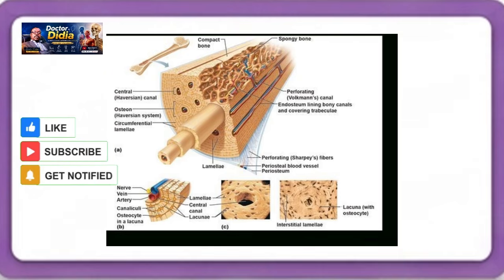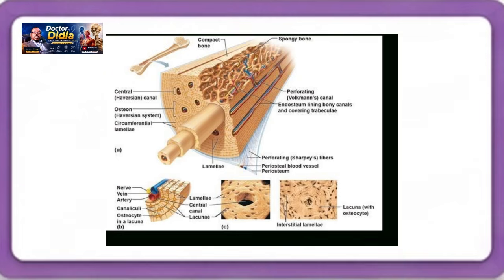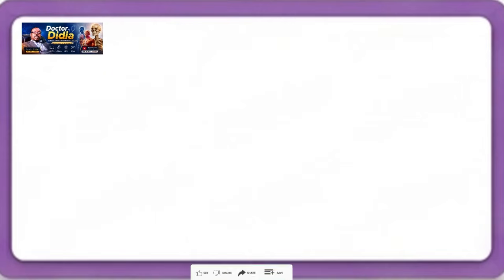Then you have the canaliculi. These are tiny radiating channels that connect the lacunae to the central canal, allowing for the transport of nutrients and waste. Then the Volkmann's canals. These are perforating pathways that run at right angles to the central canals, connecting the Haversian systems to the bone's main blood supply.